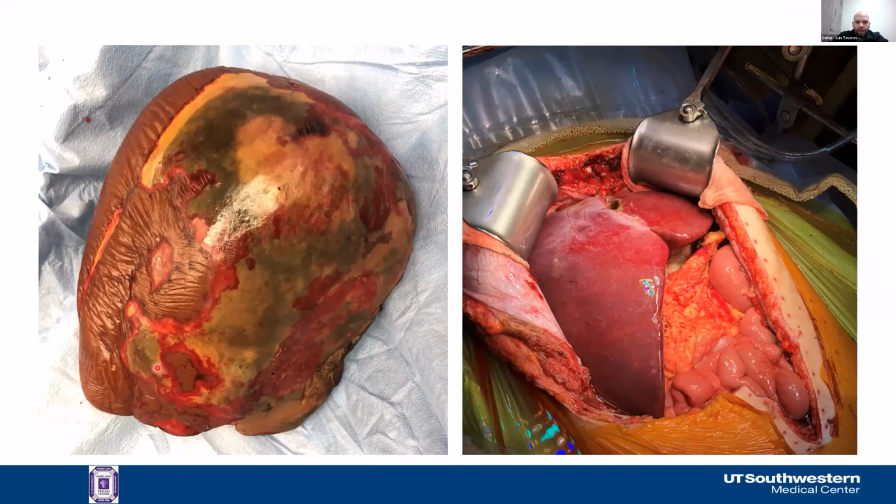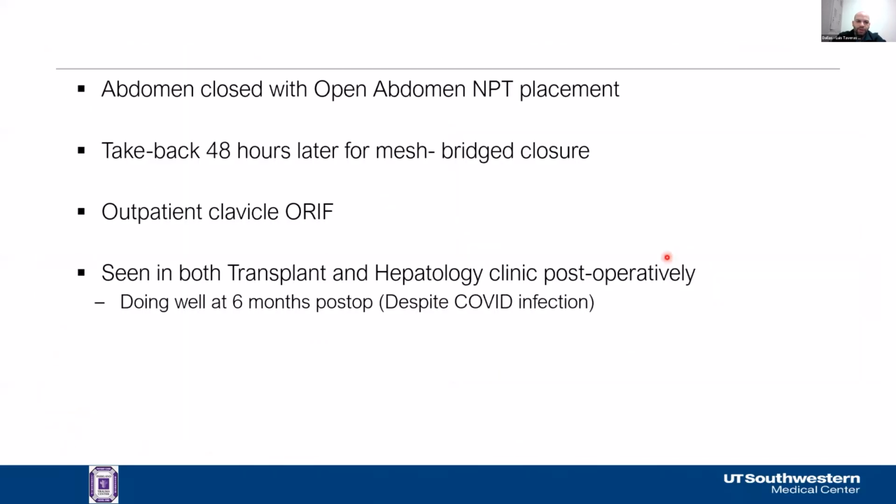So in the picture on the right, we can see the donor liver in place, a good size match for this patient. And then given the complexity of the wound, the patient was taken back to the ICU with an open abdomen, and eventually goes back for closure of the laparotomy.